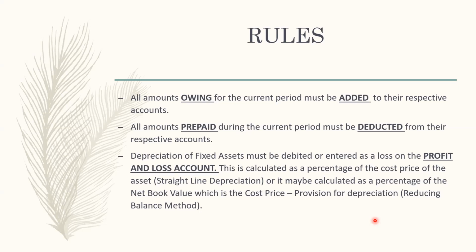But if I'm looking at the reducing balance method, I have to get the cost price. I have to calculate what I'm going to depreciate my vehicle by, whether it be every month or every year. I will depreciate it by $500, because I'm using it, and I will get my net book value.